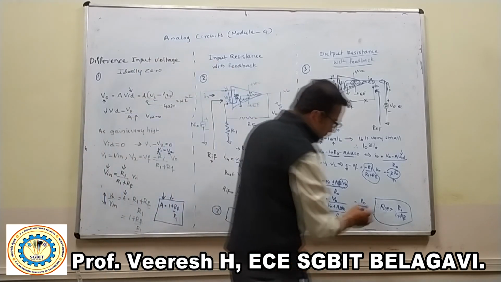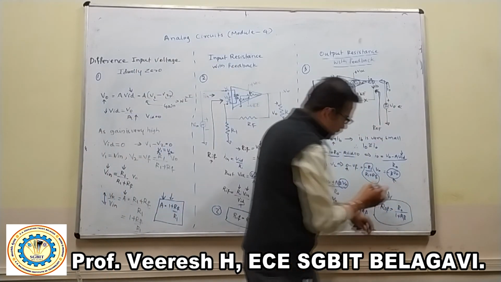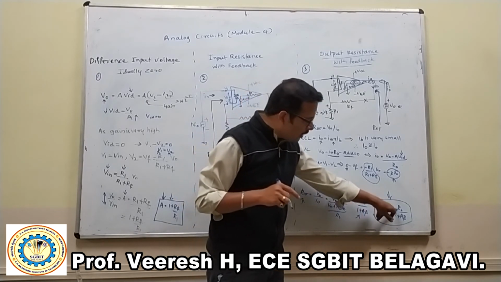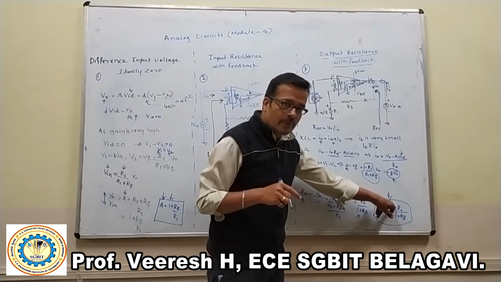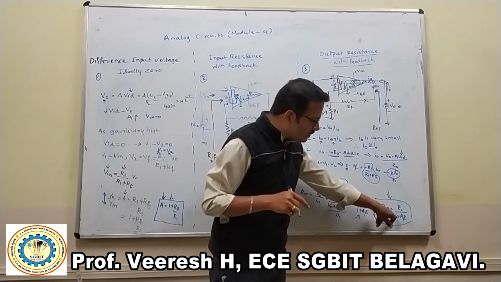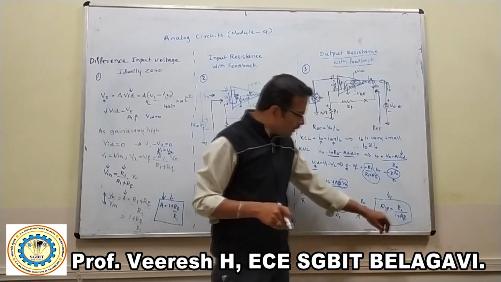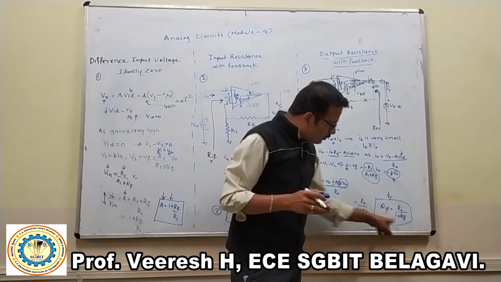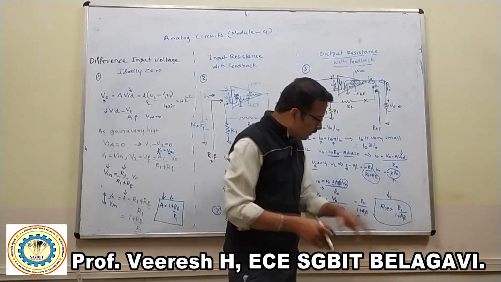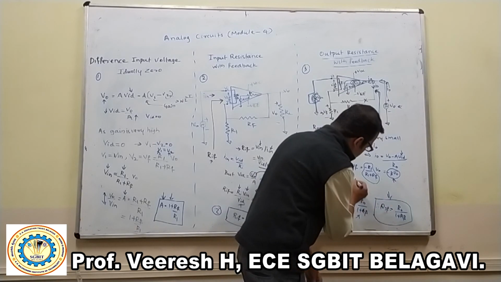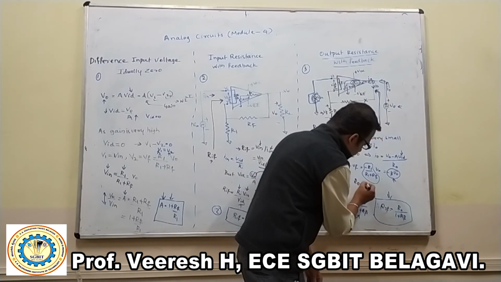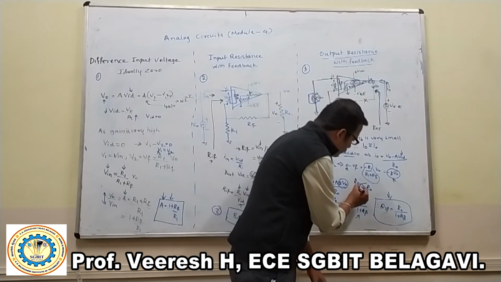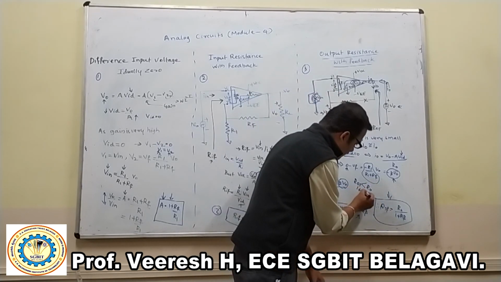So finally the output resistance with feedback ROF is related to the output resistance R0 without feedback by a factor of 1 plus A beta. As you can see, 1 plus A beta is in the denominator and that term is always greater than 1. Therefore ROF will be smaller than R0 by a factor of 1 plus A beta.